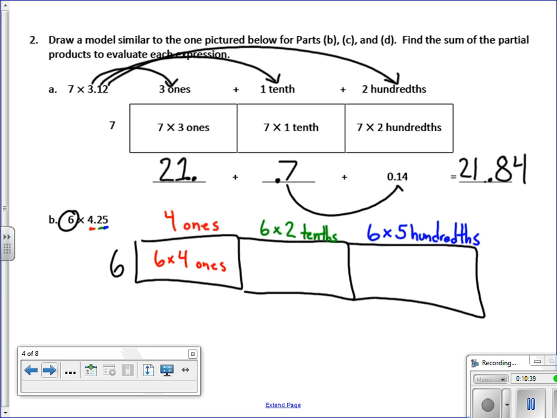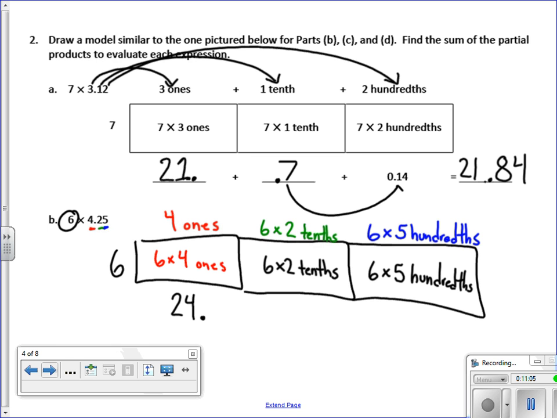Okay, if we do that, 6 times 2 tenths, and we're going to have 6 times 5 hundredths. Six times 4 gives me 24 ones.